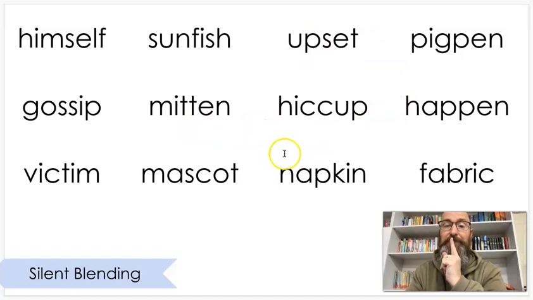Mitten. Hiccup. Happen. Victim. Mascot. Napkin. Fabric. That was a little different, but how'd you do?